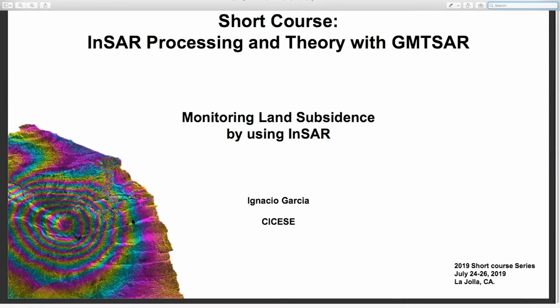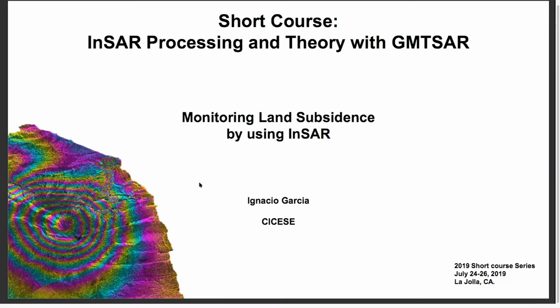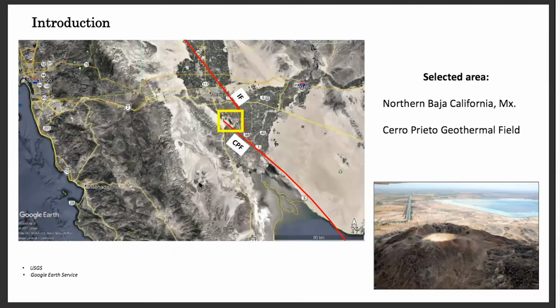Okay, how can I go to the next one? Oh, that's it. The area that I selected to make this exercise is, well, we have northern Baja California, this area, this is Sonora, and this is the border. This is the area I am interested in, which is the Cerro Prieto geothermal field, which is between the Cerro Prieto fault and the Imperial fault.